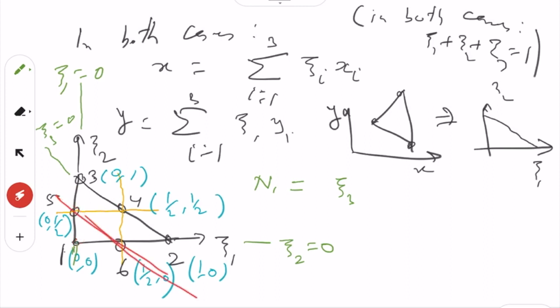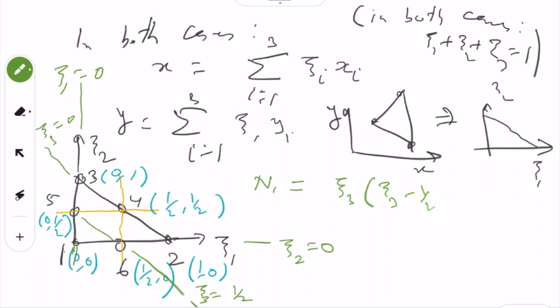So this is nothing but xi3 equal to half. So similarly here you can write xi3 minus half. So you got n1 now. Yeah. So xi3, then xi3 minus half.